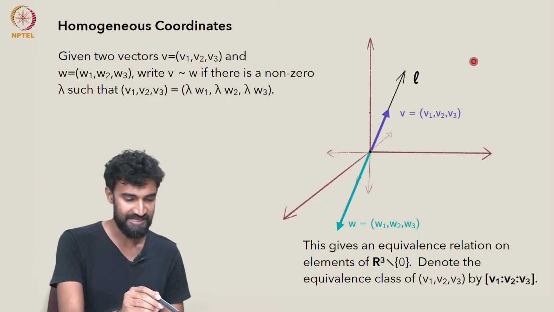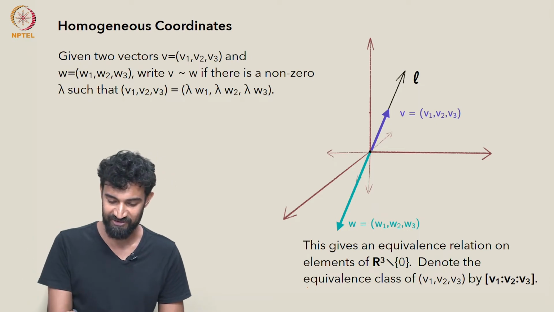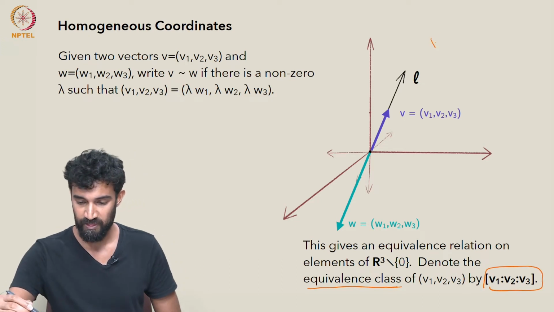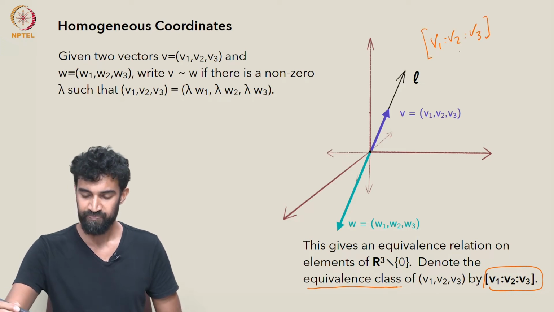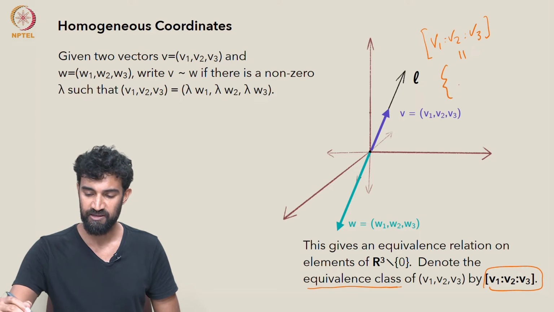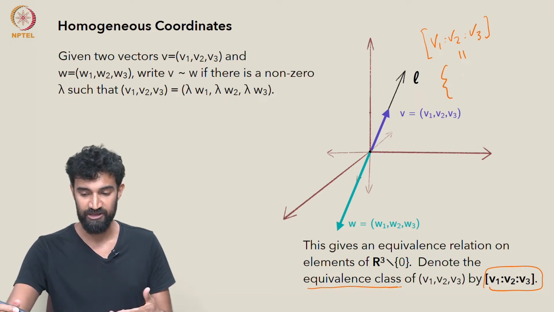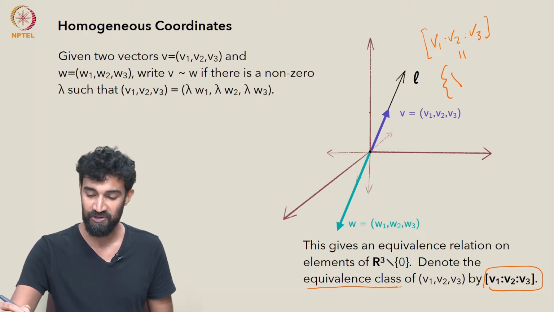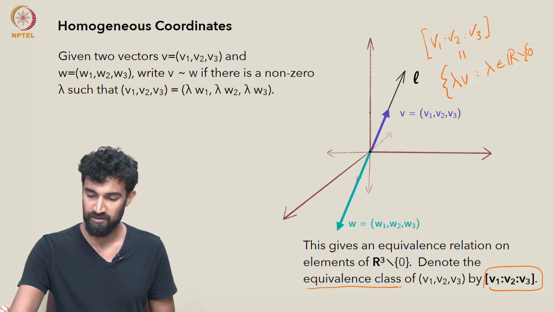Now, maybe I'll go back a second, just in case you're not very familiar with equivalence classes. All this is saying is that this notation here, [v1 : v2 : v3], is really just the set of all scalar multiples of the vector (v1, v2, v3). So it's the set of all lambda v, where lambda is a non-zero scalar.